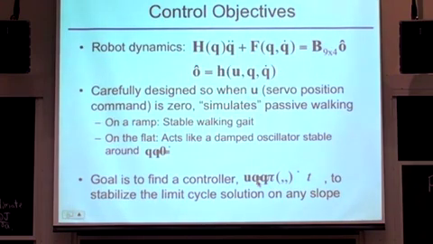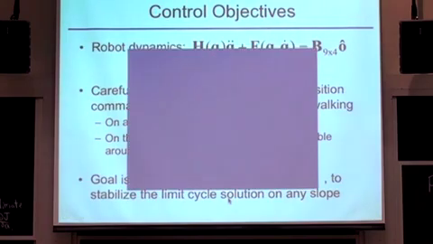The way I formulated the problem is I wanted to take that same limit cycle that I could find experimentally down a ramp and make it work on whatever slope, so make that return map dynamics invariant to slope. To do that, you need to add energy and you need to find a control policy. So my goal was to find this pi that stabilized the limit cycle solution that I saw downhill to make it work on any slope.